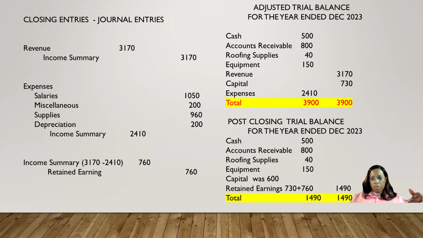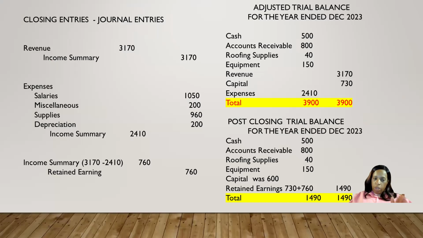Revenue now becomes a debit and income summary becomes a credit. What is the normal balance for our expenses? Our expenses have a normal debit balance. So now we're going to close them to our income summary, and our expenses all go on the credit side, and we close it to our income summary.